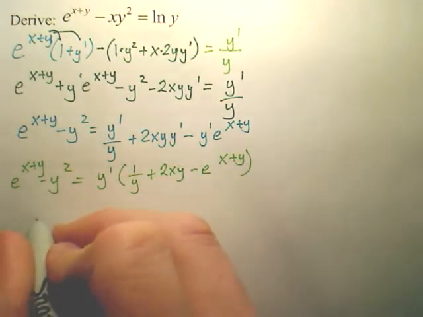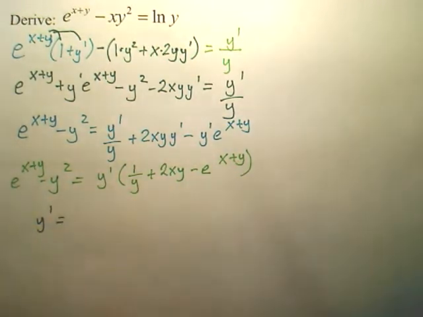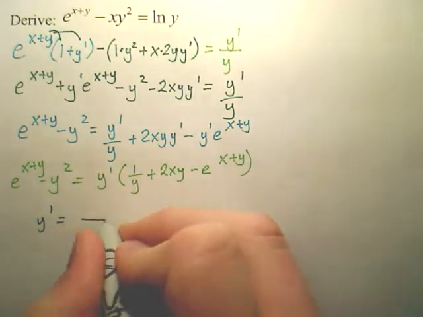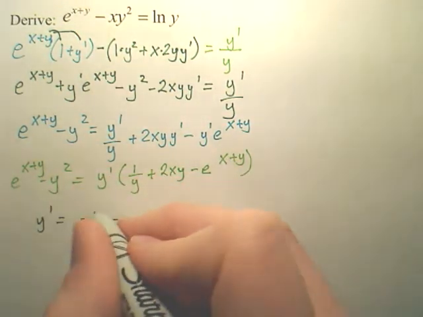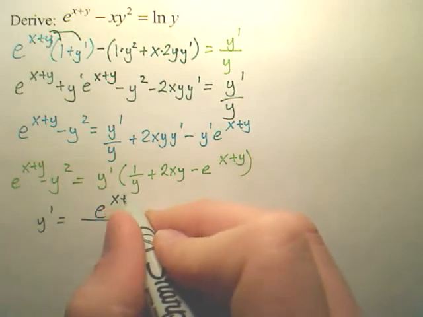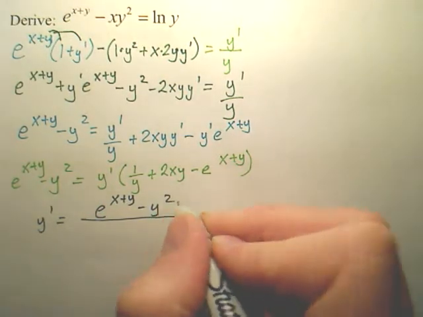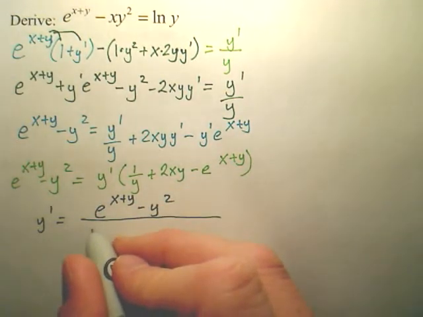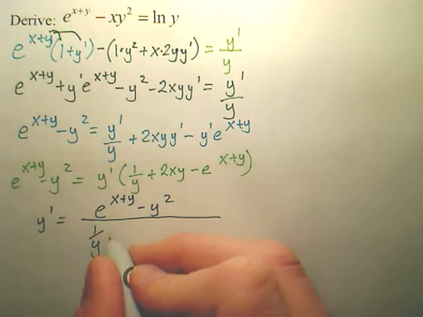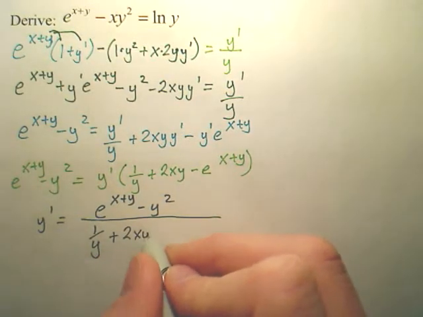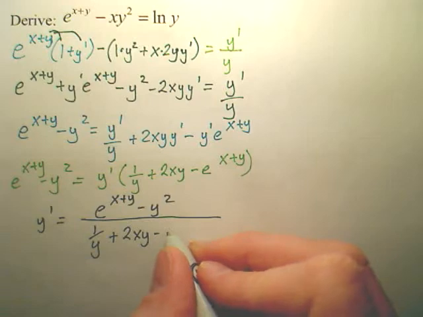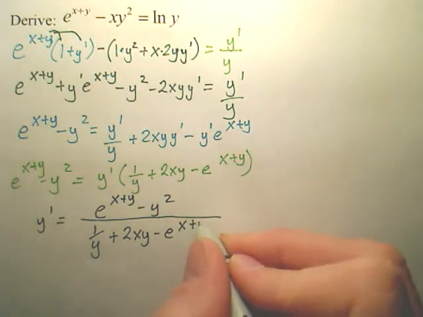So I see here I'm going to get y prime equals, I'm going to flip-flop sides. This is the top, e to the x plus y minus y squared over 1 over y plus 2xy minus e to the x plus y.